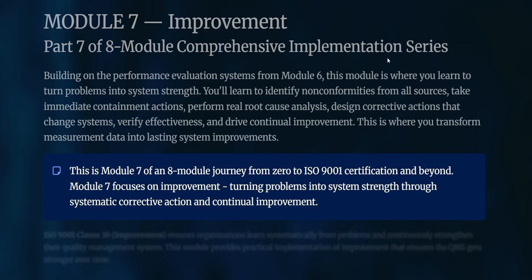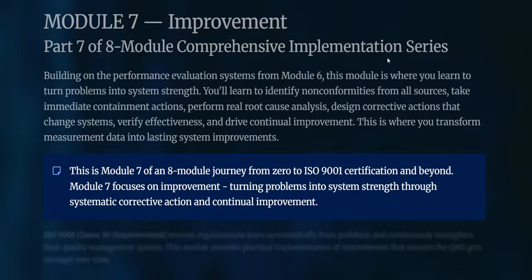This Module 7 is part of an 8-module journey from zero to certification of an ISO 9001 quality management system and beyond. Beyond means we are going to implement other frameworks such as ISO 22000, ISO 45001, and ISO 14001, establishing ISO 9001 as the foundation for implementation.